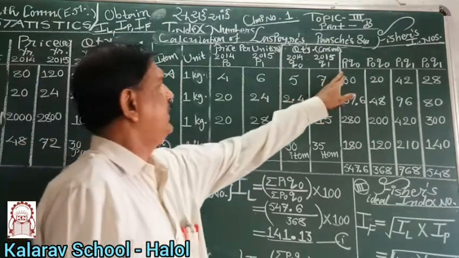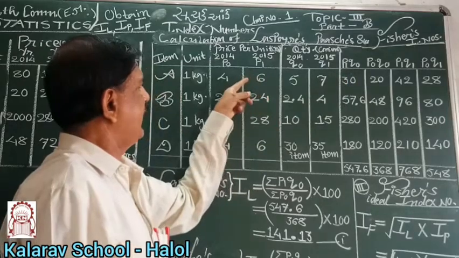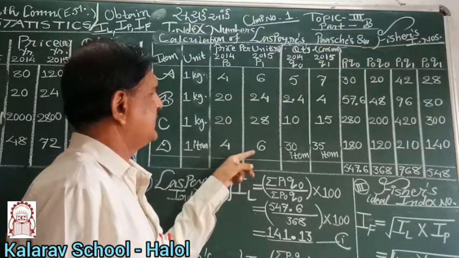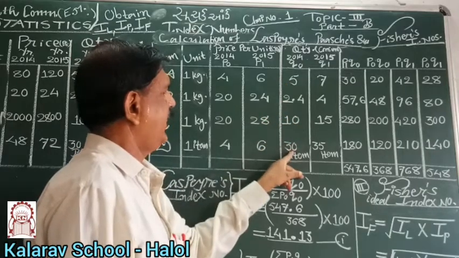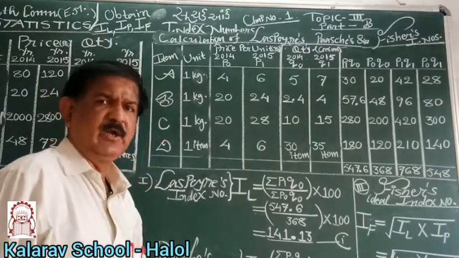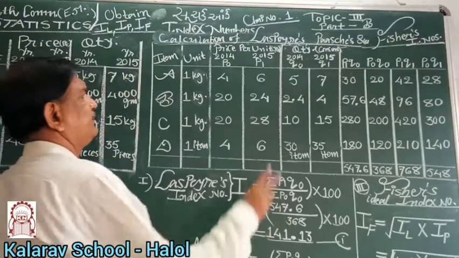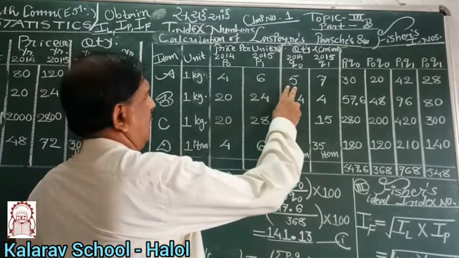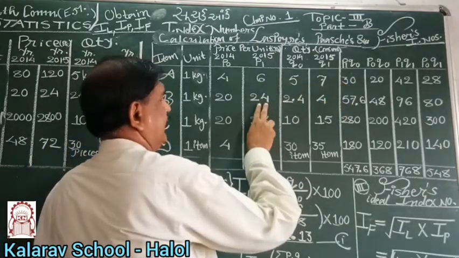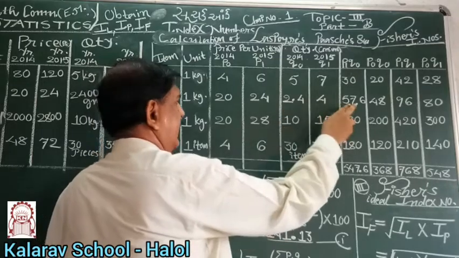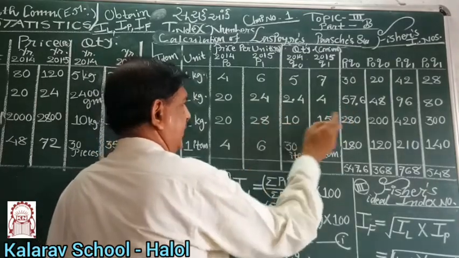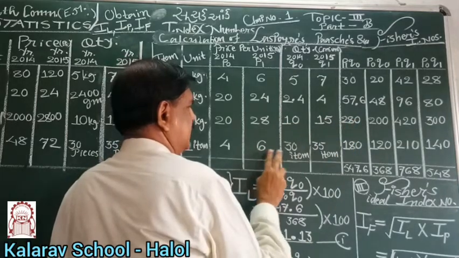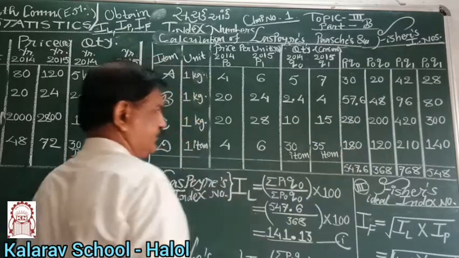For P1Q0, the column of P1 is 6, 24, 28, 6 and Q0 is 5, 2.4, 10 and 30. Multiplication of these two: 6 fives are 30, 24 into 2.4 becomes 57.6, 28 into 10 is 280, 6 into 30 is 180.